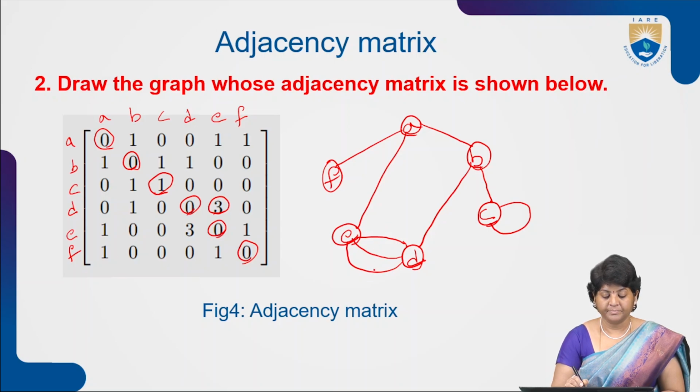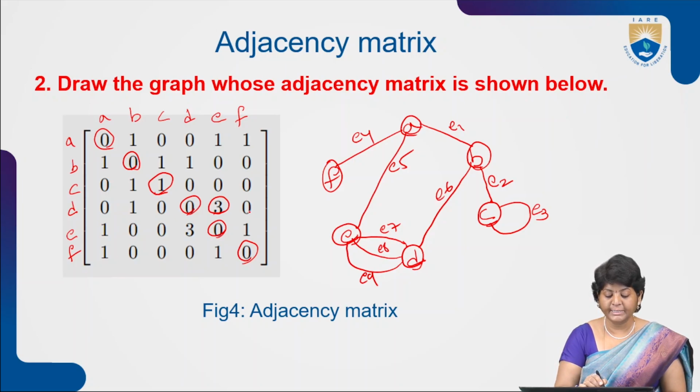So let me give the values for the edge connections: E1, E2, E3, E4, E5, E6, E7, E8, E9. Now E7, E8, E9, these 3 are connected to D and E. Next, D to F, there is no connection.